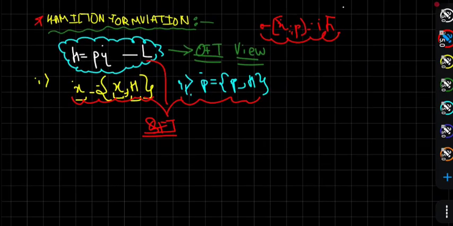So for this, let me quickly review some of the important things which will be helpful for this formulation. First, this particular symbol. As you can see here, in our previous video I discussed this particular thing. If you don't remember it, this is the generalization of the Lagrangian in quantum field theory, and this is nothing but the Lagrangian density.